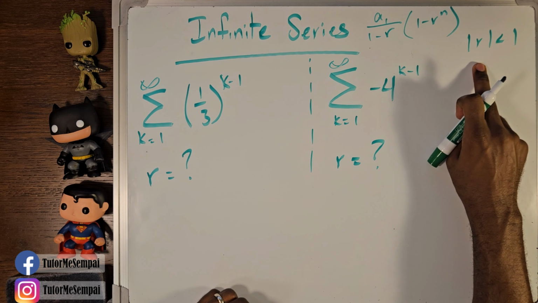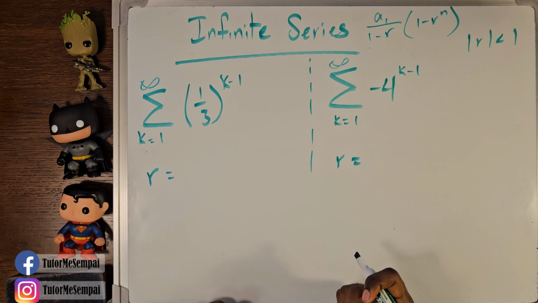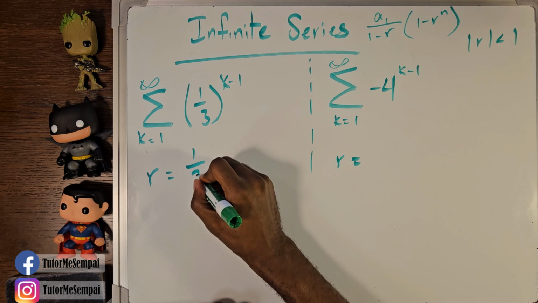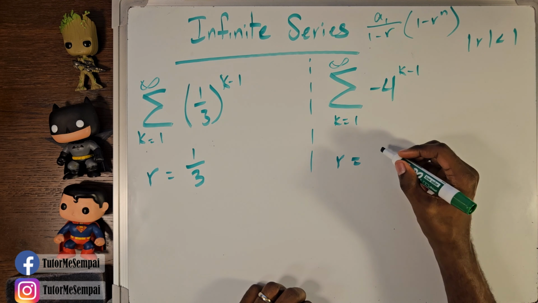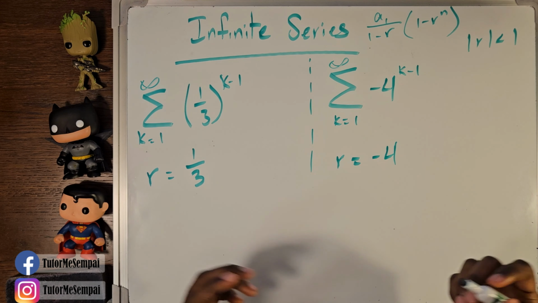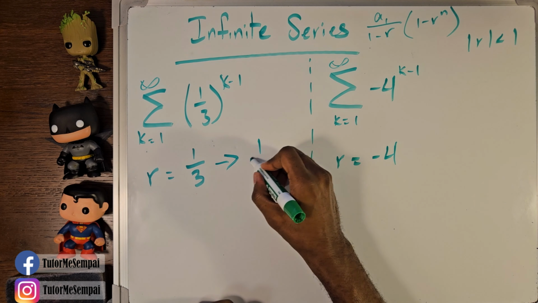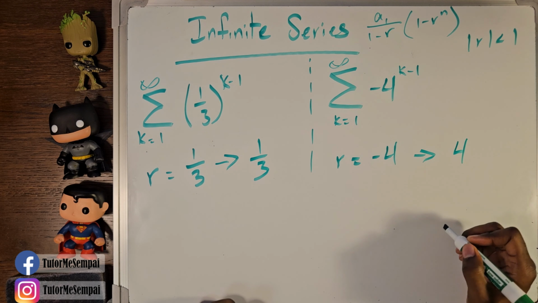So looking at our r, what is going to be our r for these two infinite series? Well, r here is going to be 1/3. How about this one? Well, this is going to say we have r of -4. So if you were to take the absolute value of these, that's going to give you 1/3, and that's going to give you 4.